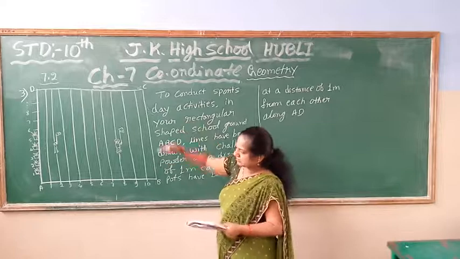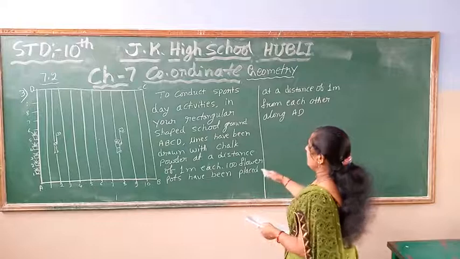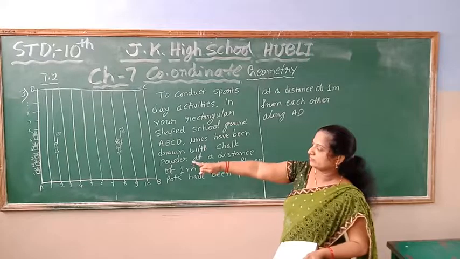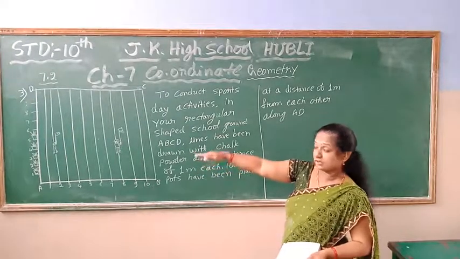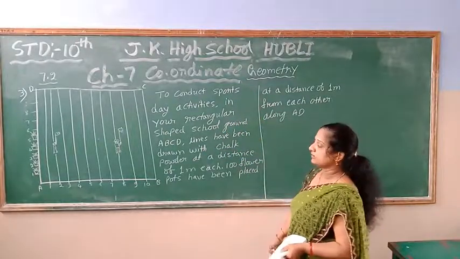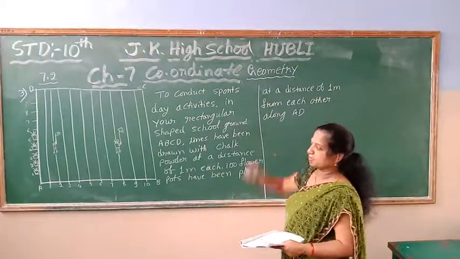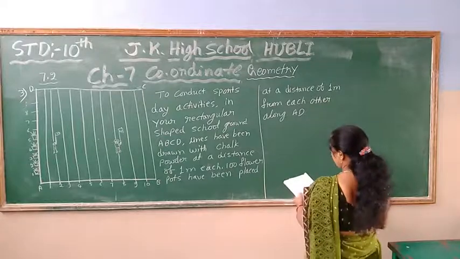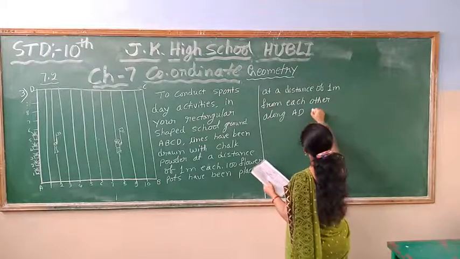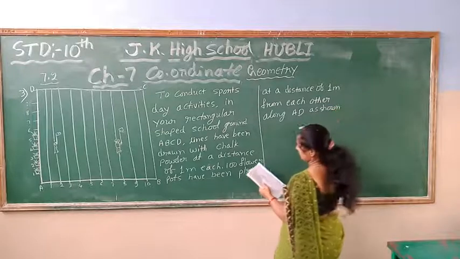Along AD, 1 meter each, we have kept flower pots. In the same way, the first flower pot, the second flower pot, and so on, 100 flower pots they kept along AD, as shown in the diagram.